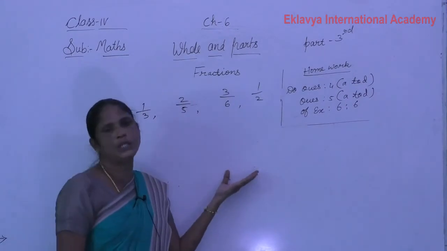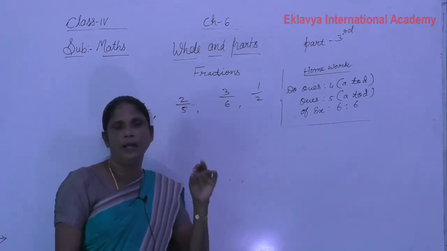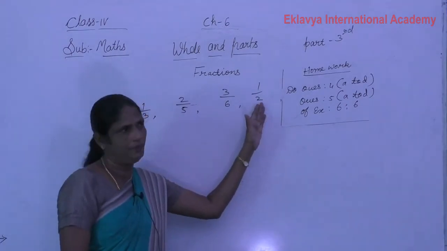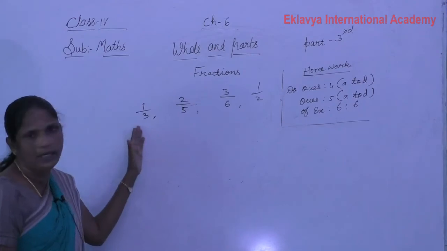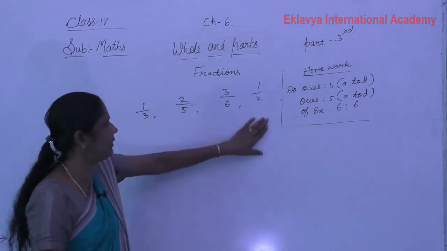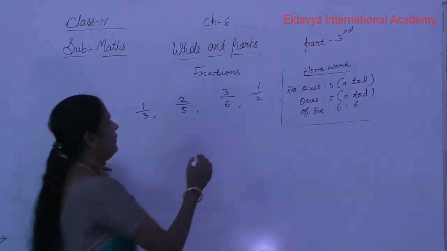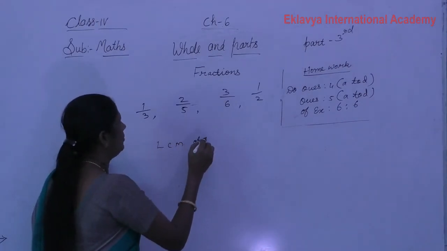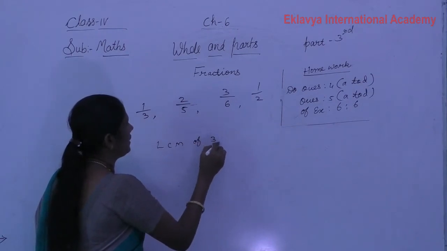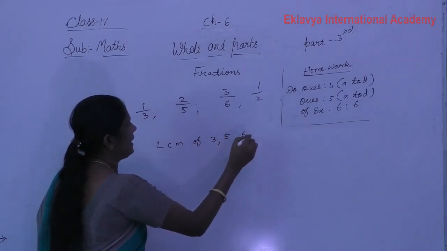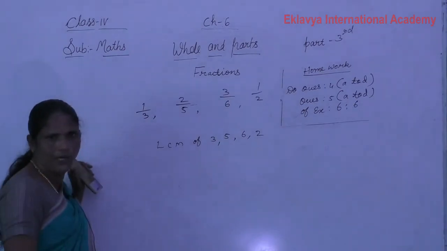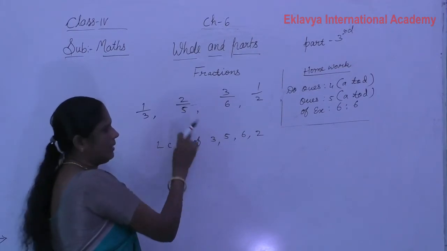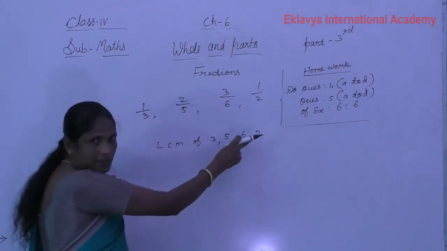In this situation, first we find the LCM of all the denominators. LCM of 3, 5, 6, 2.